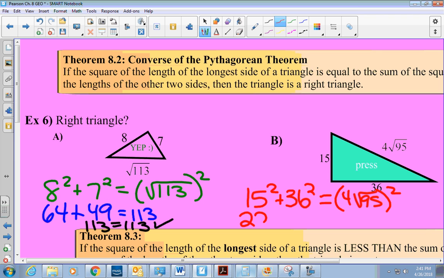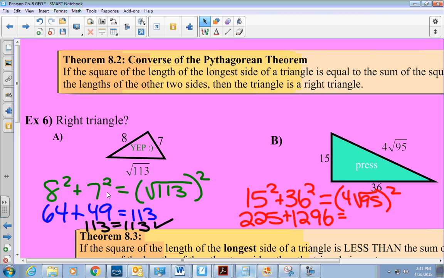225. Dylan, 36 squared. 1,296. Great, crazy number.